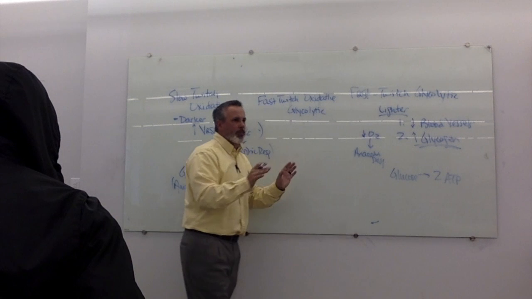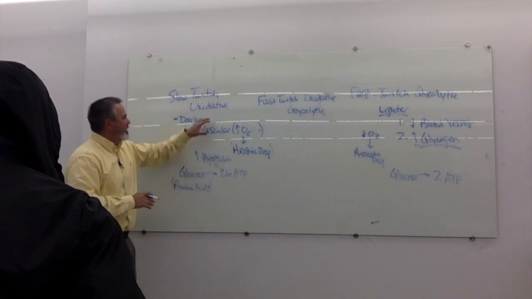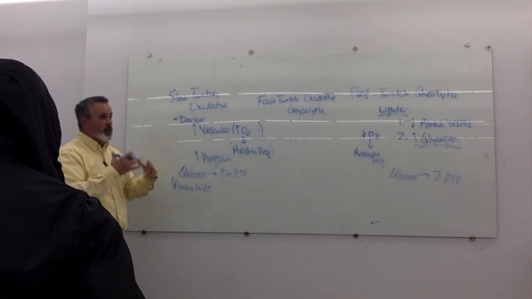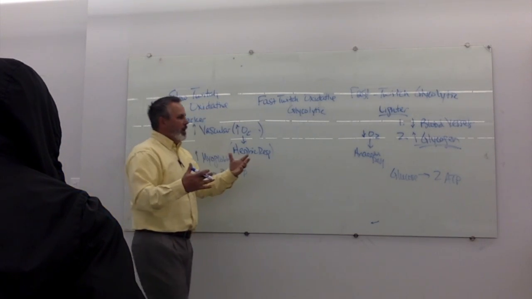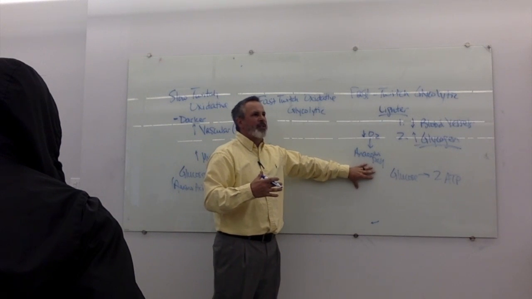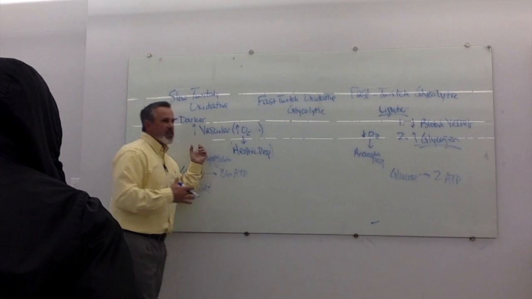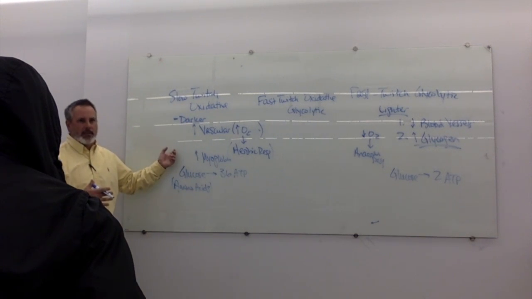If there's no oxygen present, it doesn't go any further. This one's called slow twitch oxidative because oxygen's present and it uses oxygen. This one fatigues much more quickly, and this one is fatigue resistant.